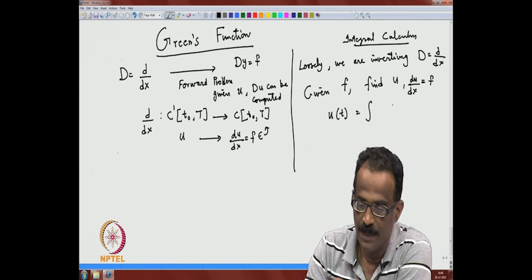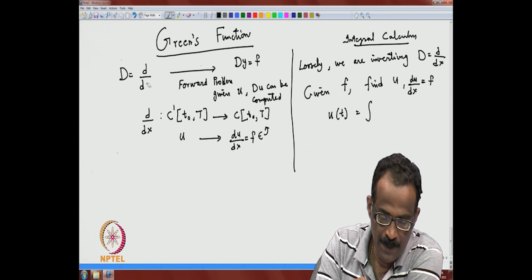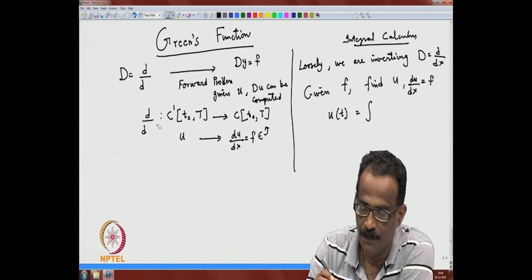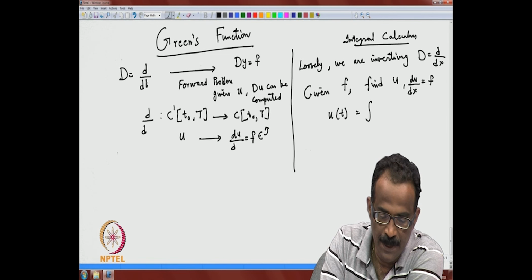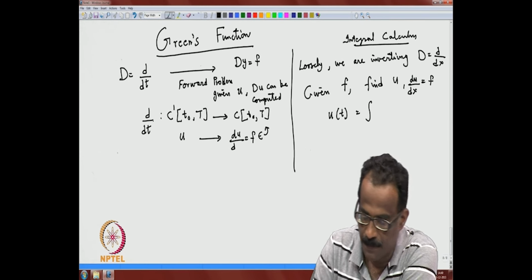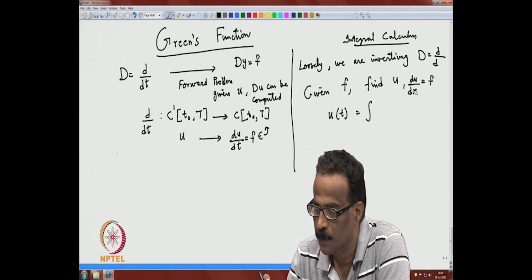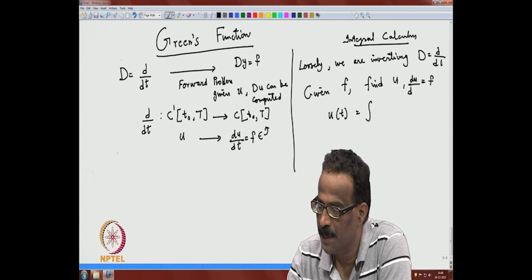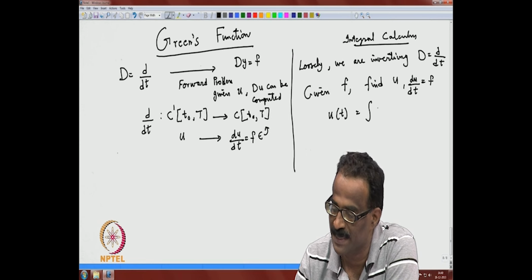Since I am using t throughout, let me use d by dt. So you have du by dt, and this is formally represented by the integral of f of t dt.